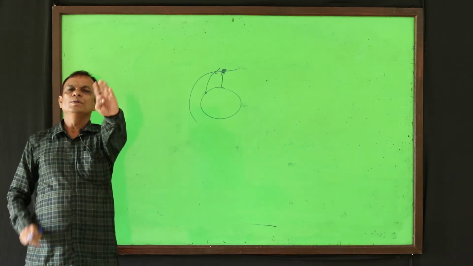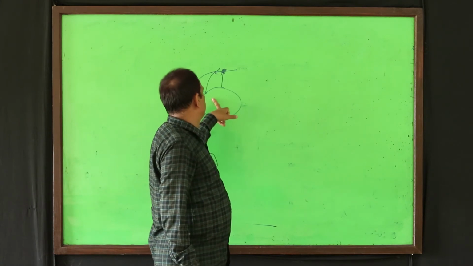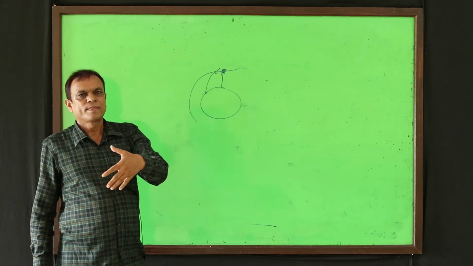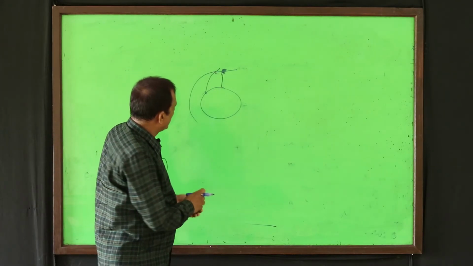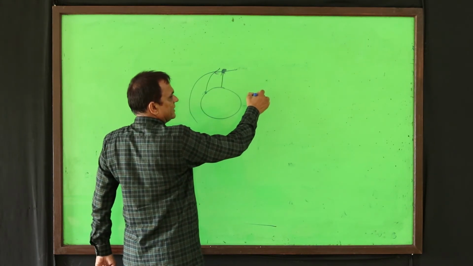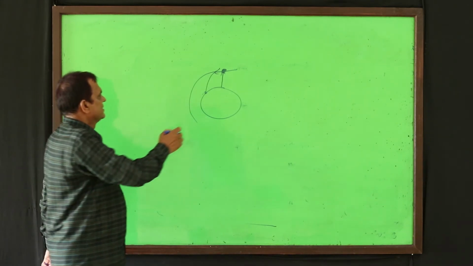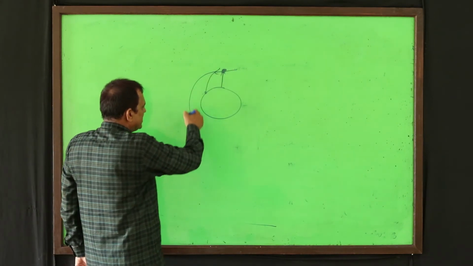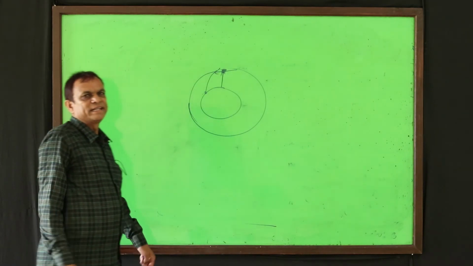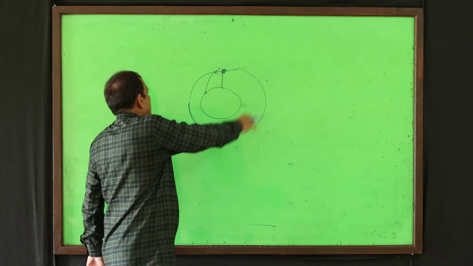Why? There are two causes. One, due to the force of gravity of the earth, a force, that is centripetal force, acts toward the earth, and the escape velocity acts the other way. Due to both centripetal force and escape velocity, the satellite, the artificial satellite or the moon forms an orbit, and in that orbit every satellite and moon moves around the earth.